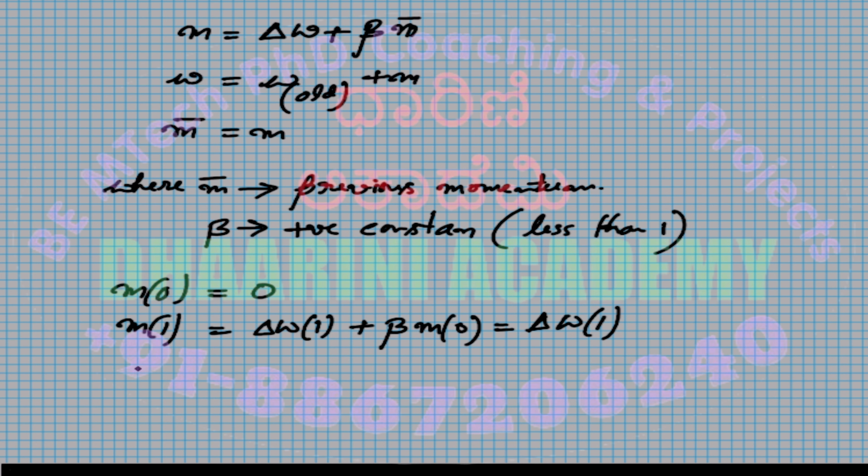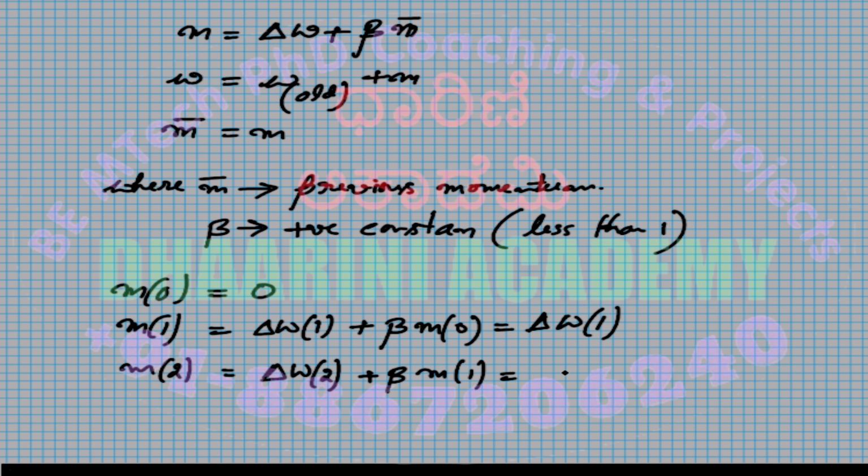Let me update. I'm going to calculate the m in the next interval, m of 2. So m of 2 has to be, as per the equation, the delta w of that instant plus the beta value into the m of 1.